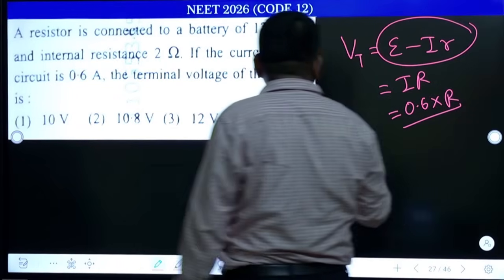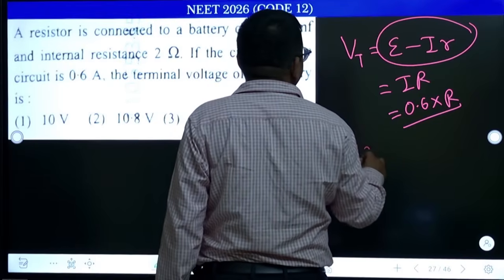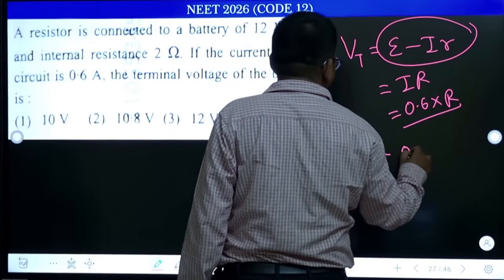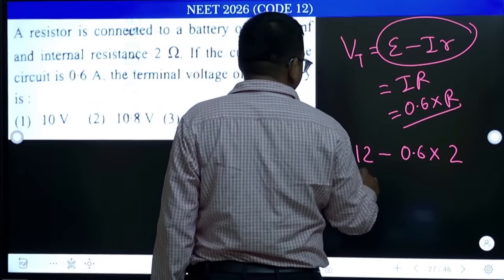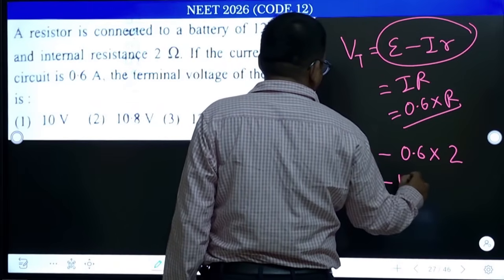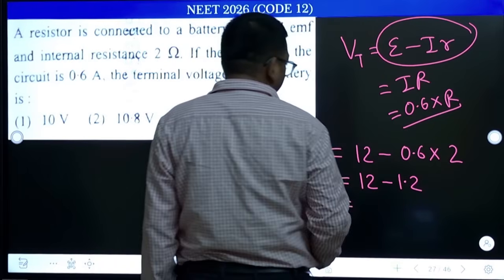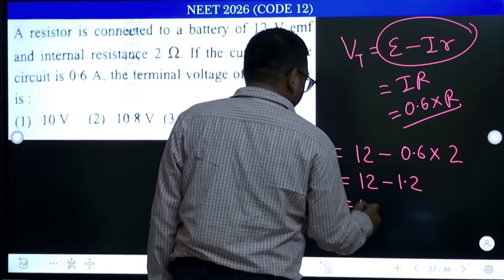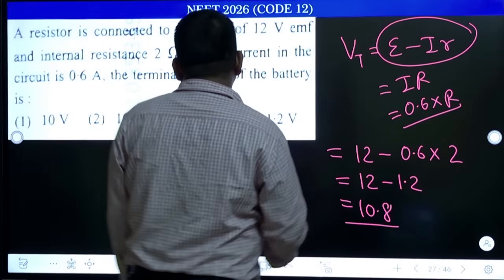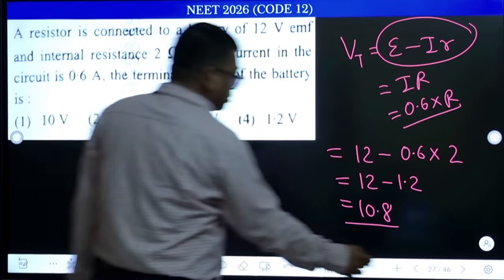They have given EMF. EMF is given as 12 minus current 0.6 into internal resistance 2. Now you calculate. So 12 minus 1.2, how much? 10.8 it will be. Correct? 10.8. That's the answer. Let us move to the next.